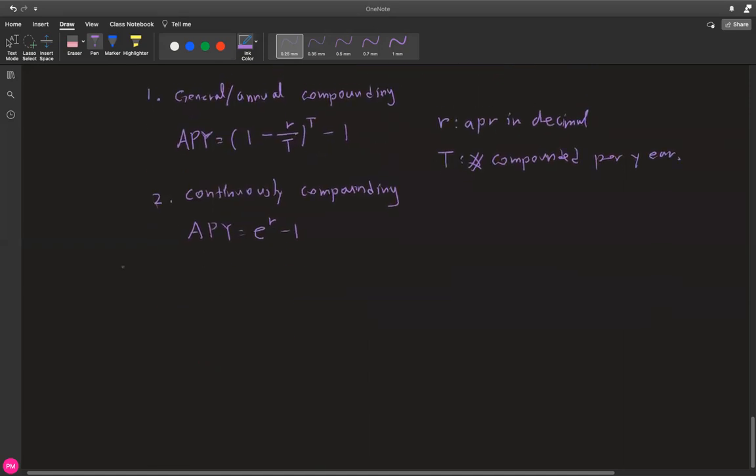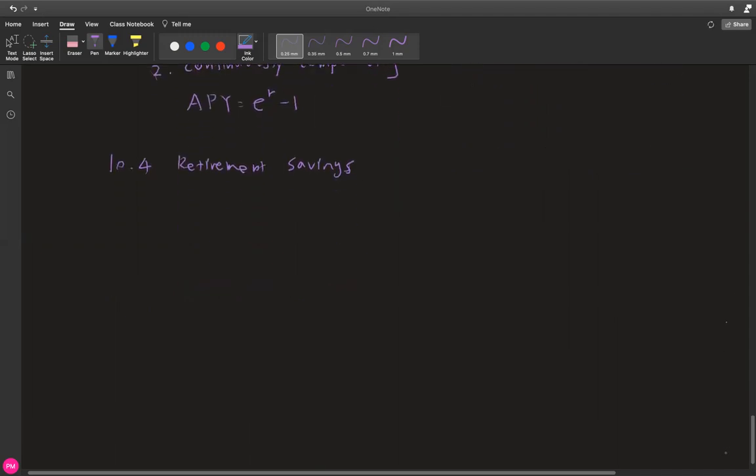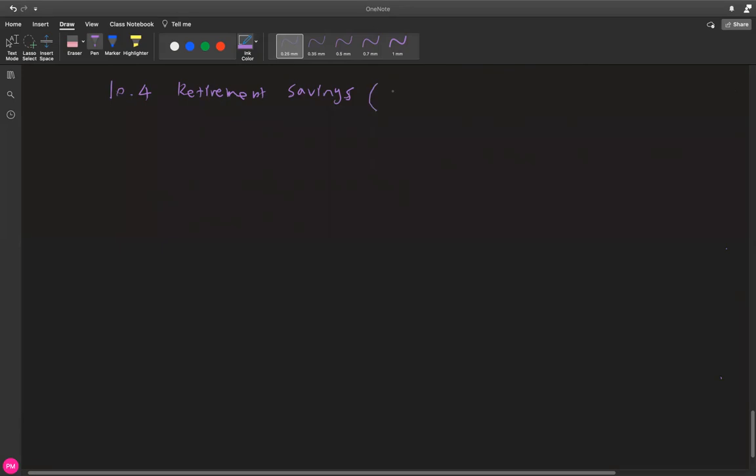So in chapter 10.4, we did the retirement savings. So we use the language retirement savings. However, it is simply saying that it's a recurring investment. Let me actually put that here. It doesn't really have to be under the retirement savings context.